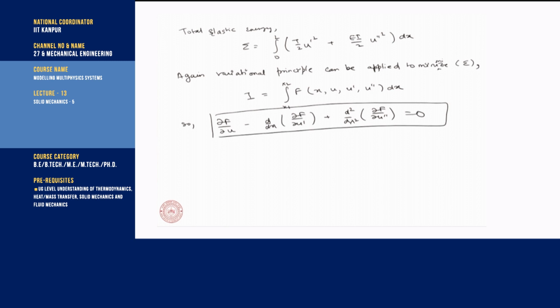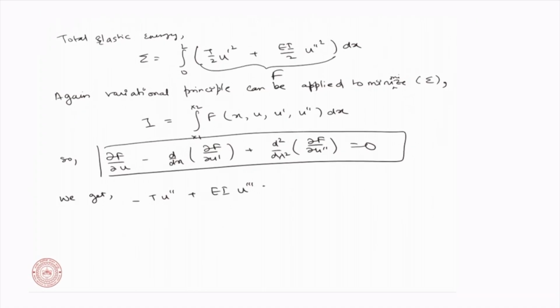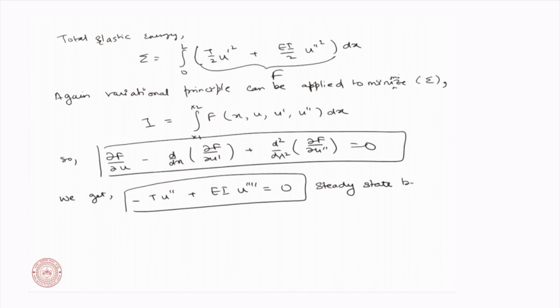If you now substitute this value as f, this is our f, we get our equation. As of now, we will get minus T u double prime plus E I u four primes equals 0. This is a steady state beam deflection.